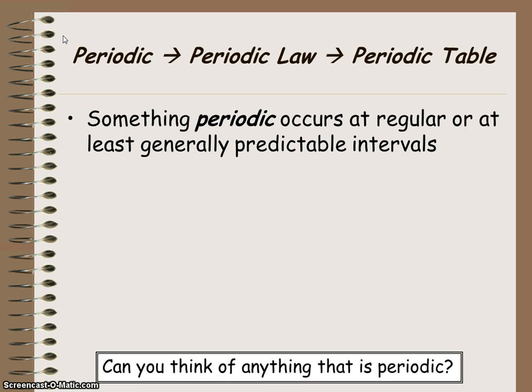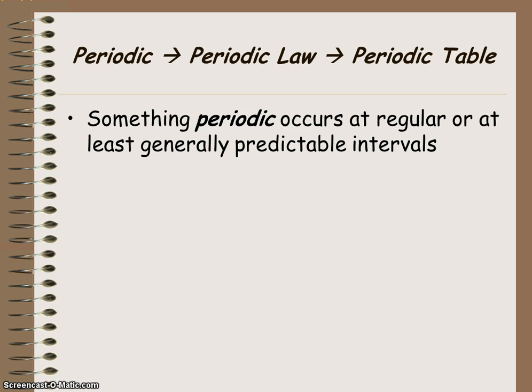They happen at regular intervals, about an hour, things like that. Maybe you're watching a football game. The quarters happen at regular intervals. There's lots of things in your life that happen regularly. So, periodic means something that happens regularly or at regular intervals.